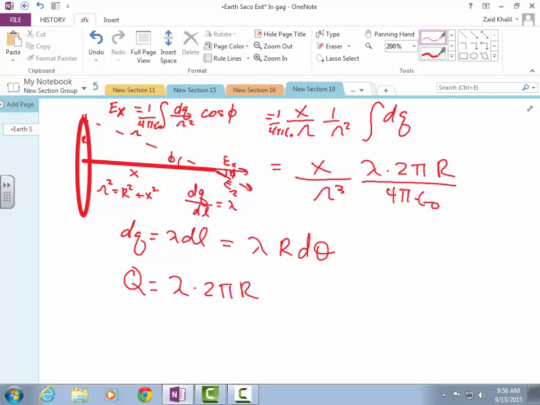That would be like if you had a conducting ring. Not a conducting ring. It would be if, for some reason, you needed an insulating ring. For reasons that are not obvious right now, it would have to be an insulator.